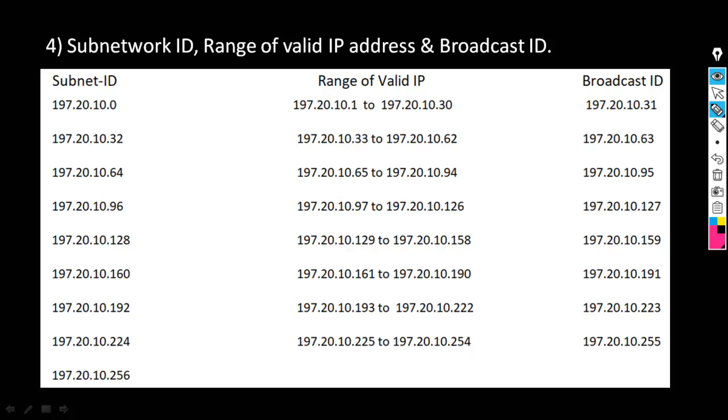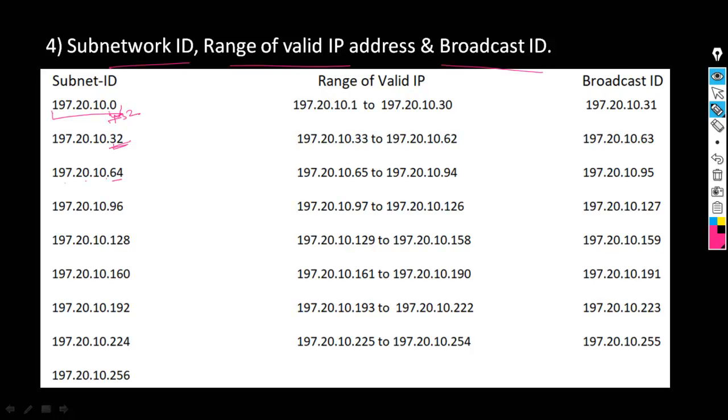Next we will calculate the subnetwork ID, range of valid IP addresses and broadcast ID. For the subnet ID, we will write our network, which is 197.20.10.0. Now we will add the block size value, and we have calculated the block size from the 4th octet. So we will add this block size to the 4th octet. If you add the block size, which was 32, it will be 197.20.10.32, and if you add 32 to this, you will get 197.20.10.64.